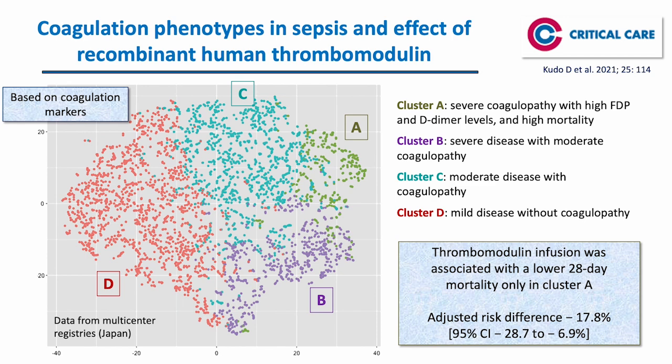And they used multiple coagulation markers to cluster patients into 4 subgroups, which they called cluster A, B, C, and D. And they found then that only patients in cluster A, which suffered from severe coagulopathy, benefited from thrombomodulin infusion. So these 2 slides are an example that if you use big data sets on host response aberrations in patients with sepsis, you might enrich the population for patients that are more likely to benefit from a certain biological intervention.